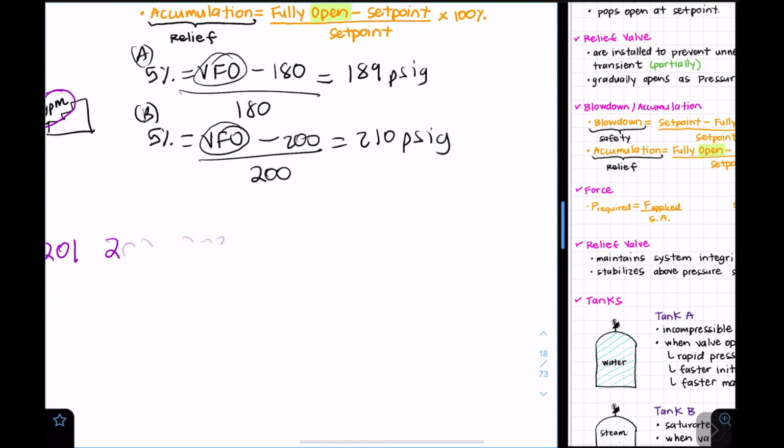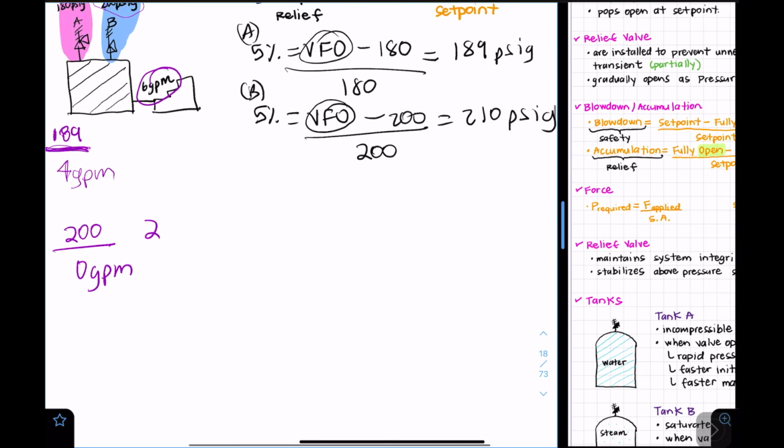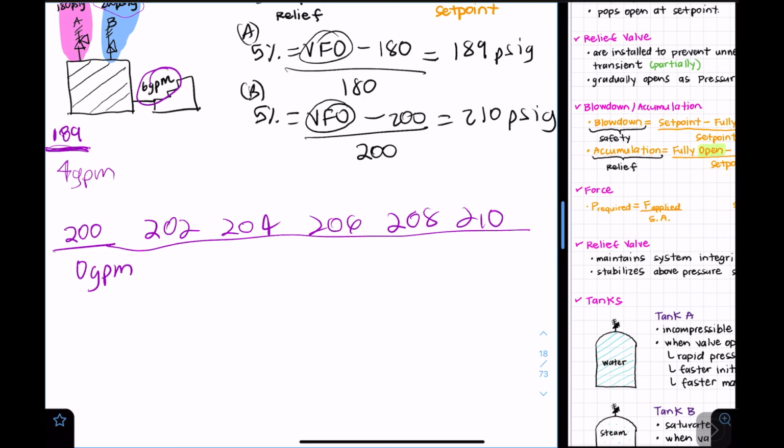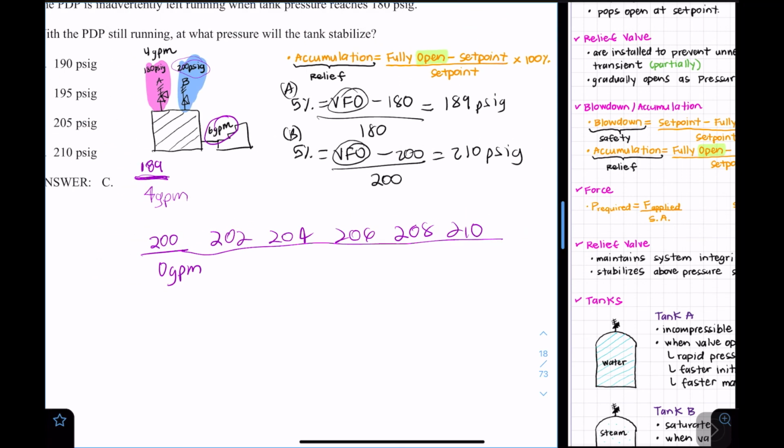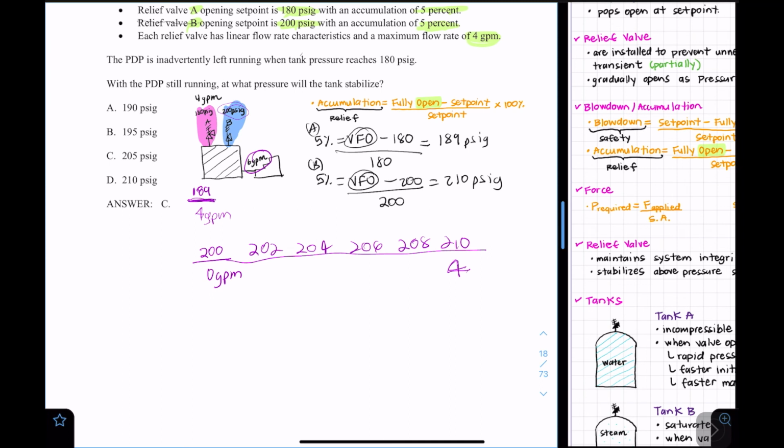All the way until we can just do this. I don't have to write everything. So we know that this one here it's gonna get 4 GPM out, but the thing is that we cannot get there because we only have 2 GPM left in here.